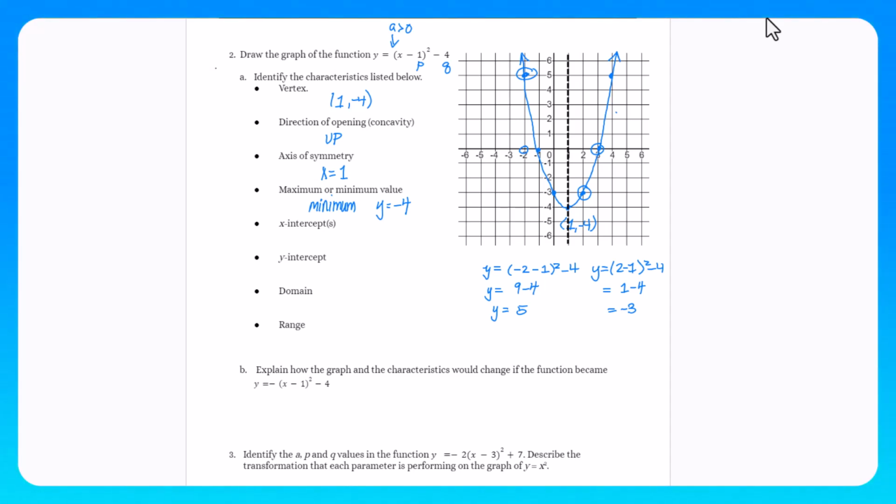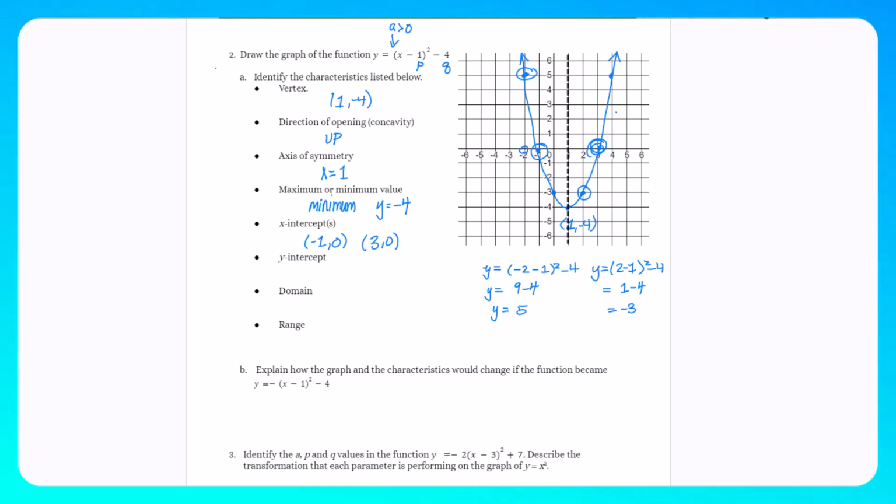It has two x-intercepts. It has one here, and I've already circled the other one. Remember, x-intercepts have y values of 0. And so it is going to be (-1, 0) and, oops, back that up, (3, 0).